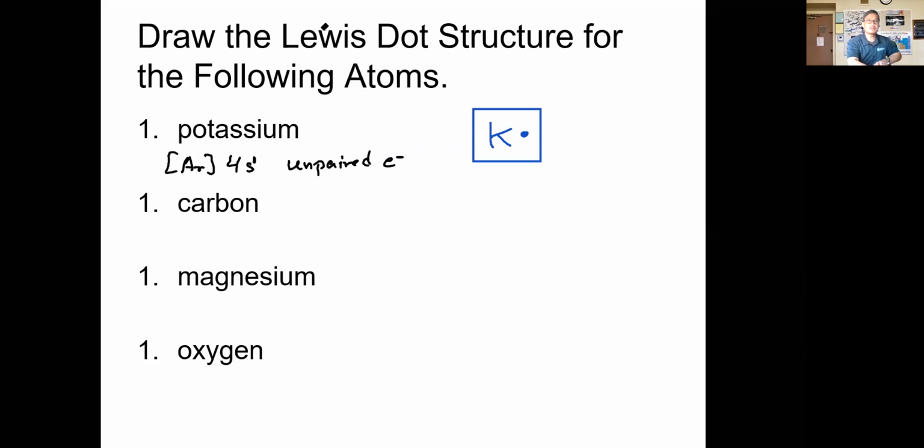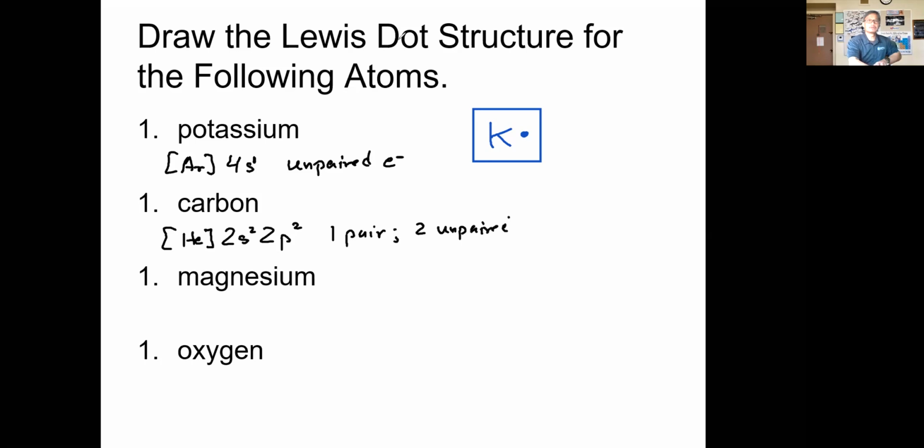Let's go ahead and do the same thing for carbon. The electron configuration for carbon is going to be helium, 2s2 and 2p2. With carbon, remember we said that we had 1 pair, these 2 electrons here, and we have 2 unpaired.